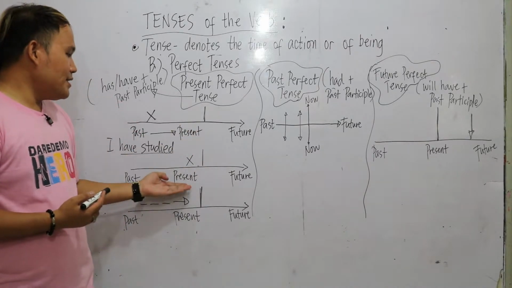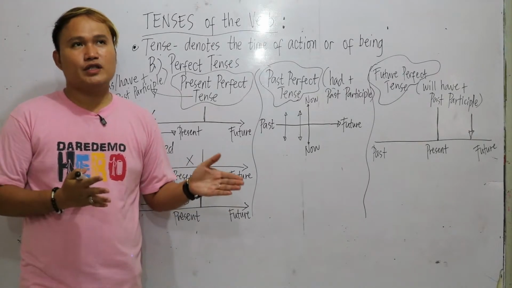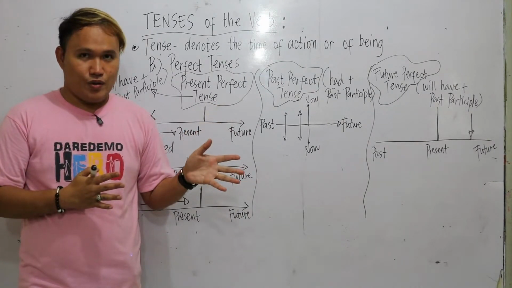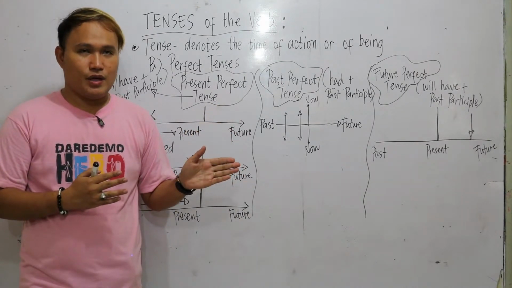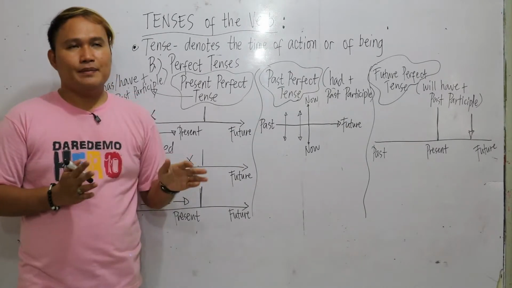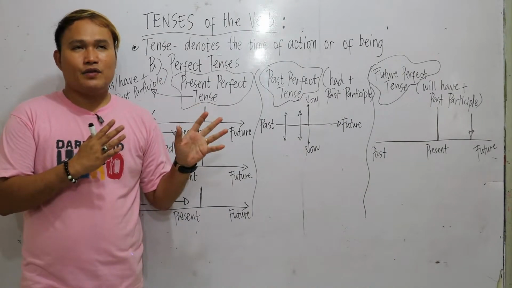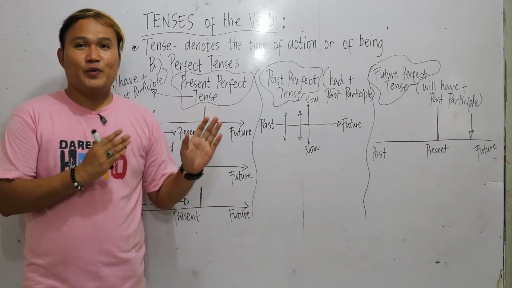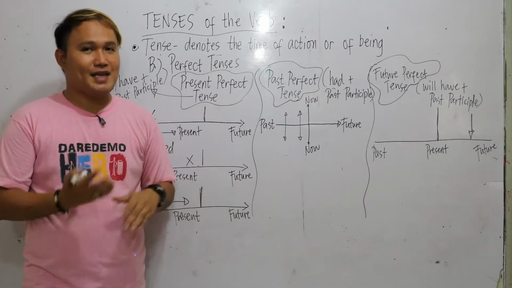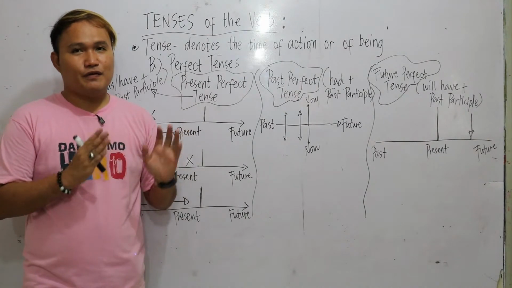The second use of present perfect tense is if you are referring to an action that just recently finished or recently happened, or recently done. For example, I have already finished recording a video lesson about simple tenses. So I have already finished.